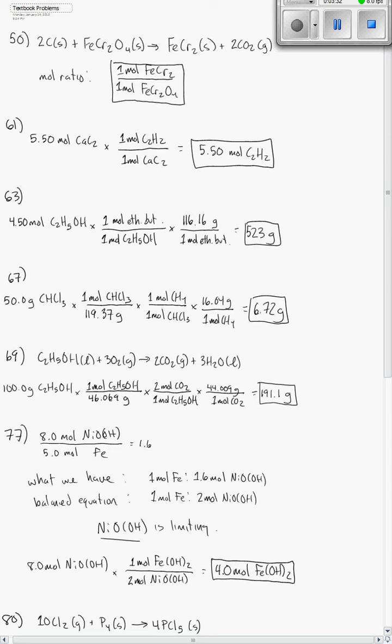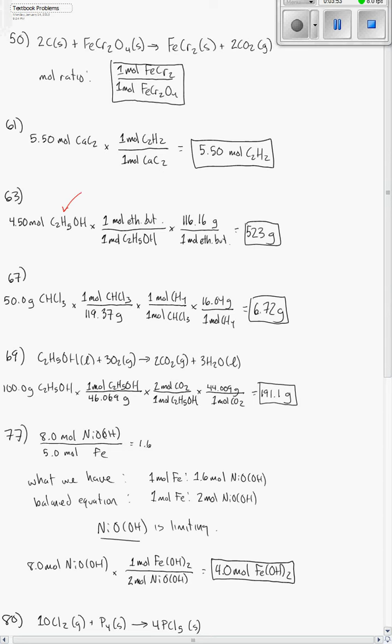They give you a balanced chemical equation. So you start off with your moles of ethanol. You have 4.5 moles of ethanol here. From here, you can go to moles of your ethyl butanoate. I'm not sure of the pronunciation of it, but stick with me here.